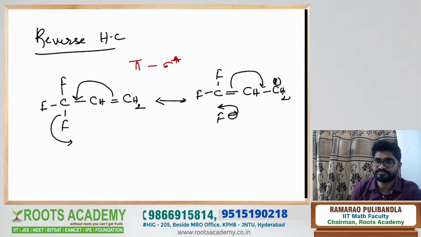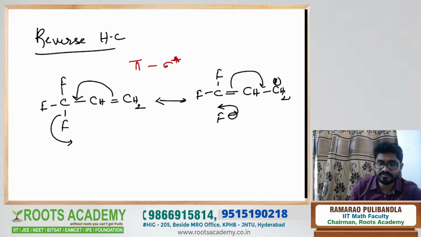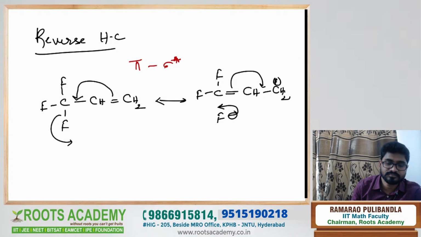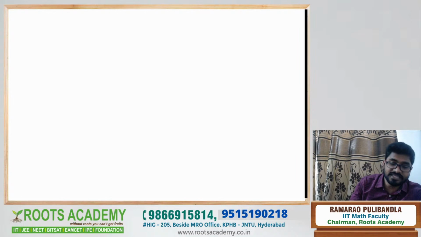Yes, no? So it will become more stable by having more number of hyperconjugations. Whatever is happening in nature, the ultimate motto is to get stability. So that's what is happening here. To get stability, it will participate in this way.